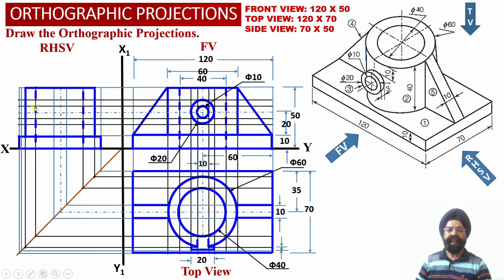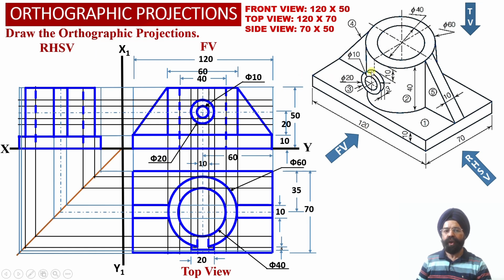Once again, an apparent shape rectangular projection will be available with us in the right hand side view projections over here. Next we have this inclined triangular web over here. This inclined triangular web is not parallel to the profile plane, so we are going to observe the foreshortened projection of this inclined surface in the right hand side view projections over here.